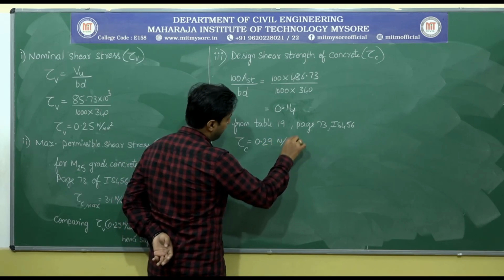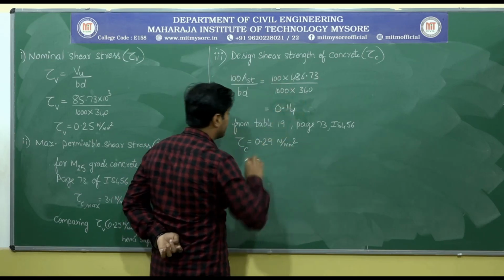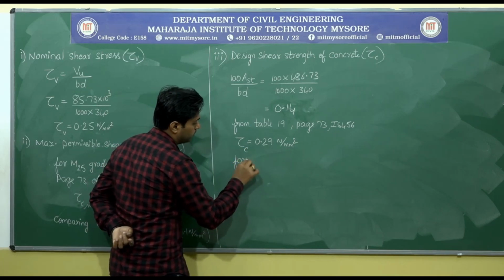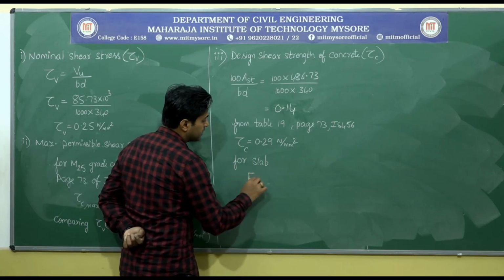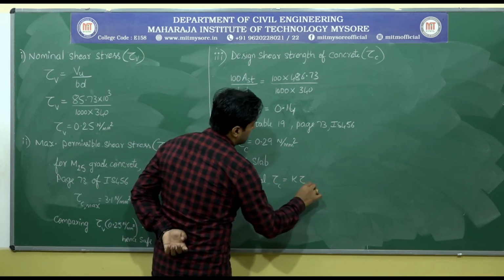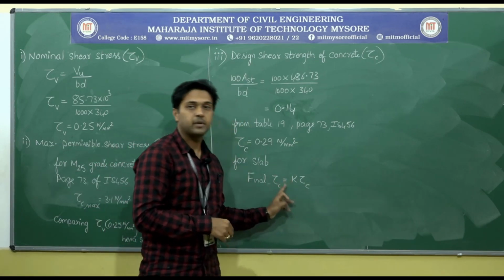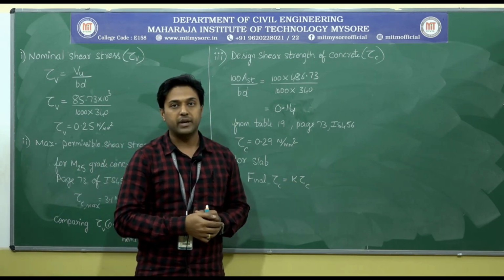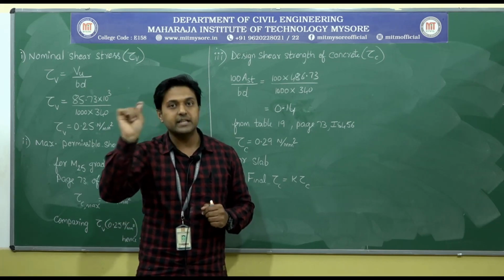But please remember, whenever you are doing it for the slab, the final tau C value should be K times the tau C value. What is this K? It's a constant value that we need to check in the code, again page 73 of IS 456, where you can easily check it.